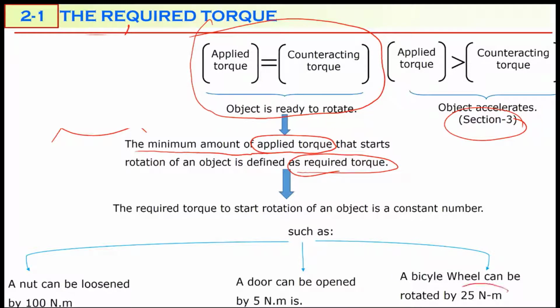For every different object, that minimum amount of torque to rotate it is different. So the required torque for different objects can be different.